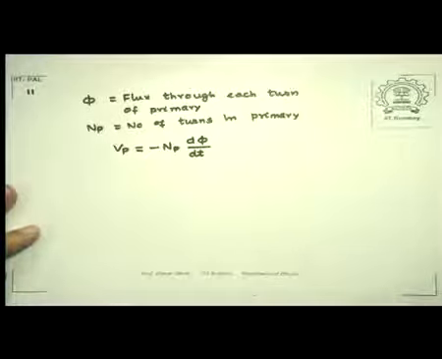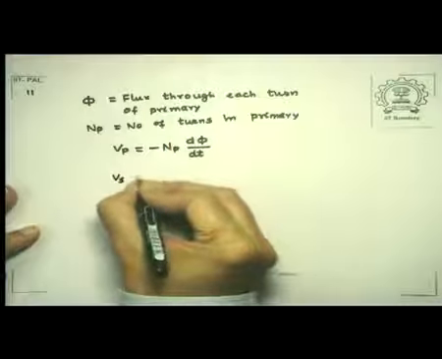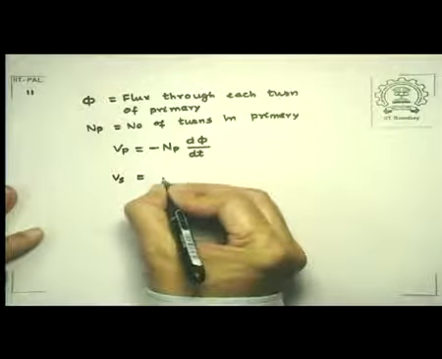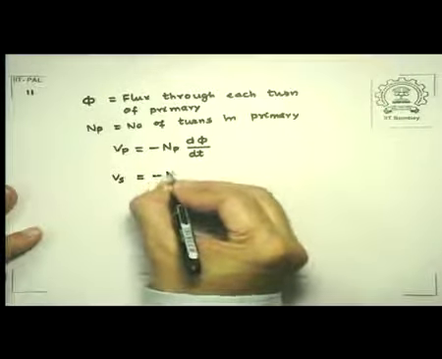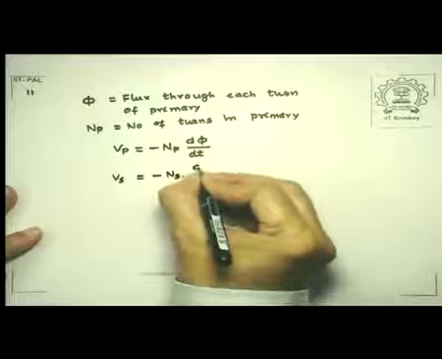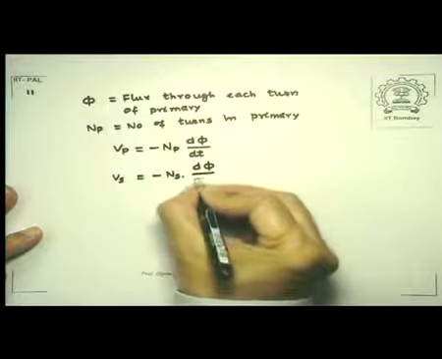Now if I assume that the flux linkage is tight, that there is no leakage of flux, which is again a slightly unphysical assumption, then the same flux is linked with each turn of the secondary circuit. So therefore, if Ns is the number of turns in the secondary, Vs is minus Ns d phi by dt, because it is the same flux which is being linked.